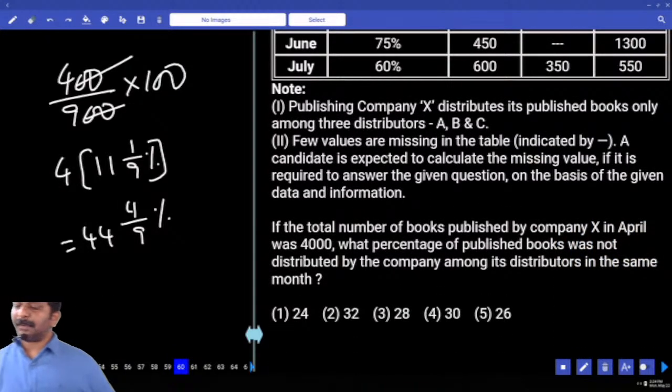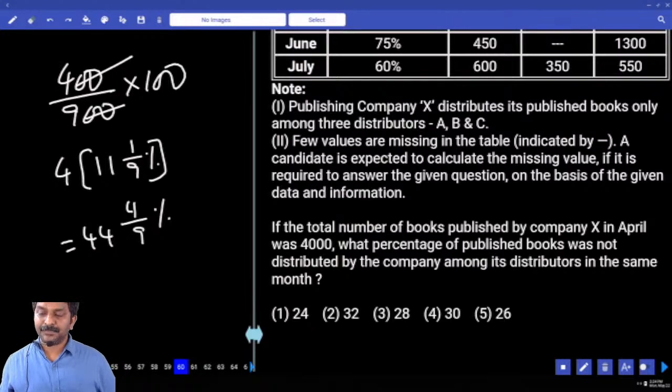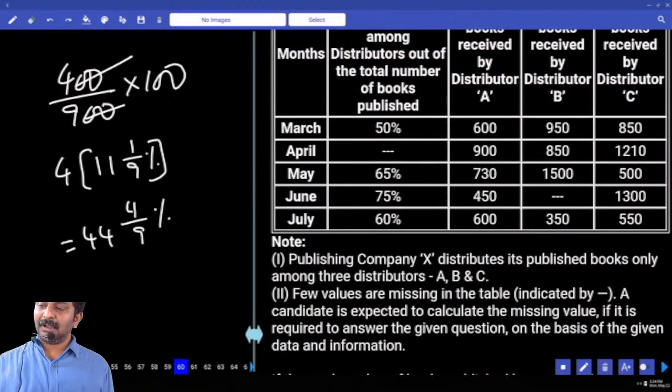If the total number of books published by company X in April was 4000, what percentage of books was not distributed by the company among its distributors in the same month? In April, total books are 4,000.